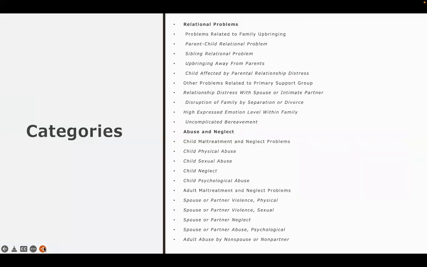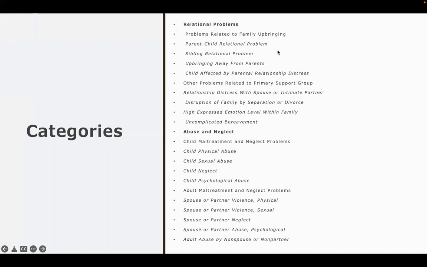So I won't go over these in exhaustive detail or anything, but essentially the bolded words here is the category, and then the non-italicized ones are a subcategory, and the italicized ones are subcategories. So you can see here why CFTs may hang out in the V and Z codes.